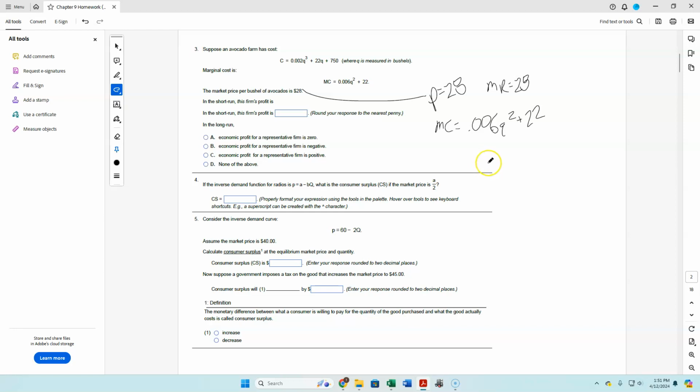Well, I can't do that unless I find out how much they're going to make. So I need to set MR equal to MC. 28 equals 0.006 q squared plus 22, so 6 equals 0.006 q squared. 6 divided by 0.006 is 1,000, equals q squared.